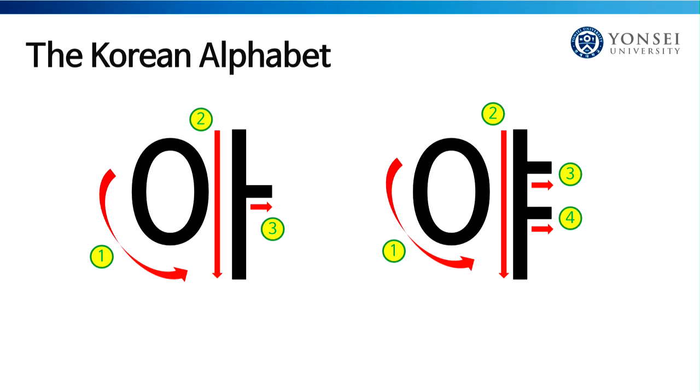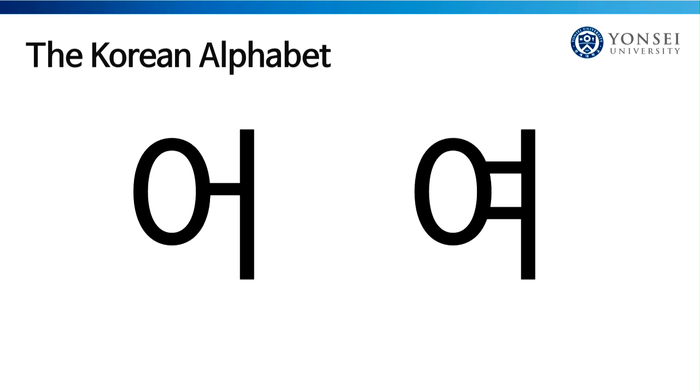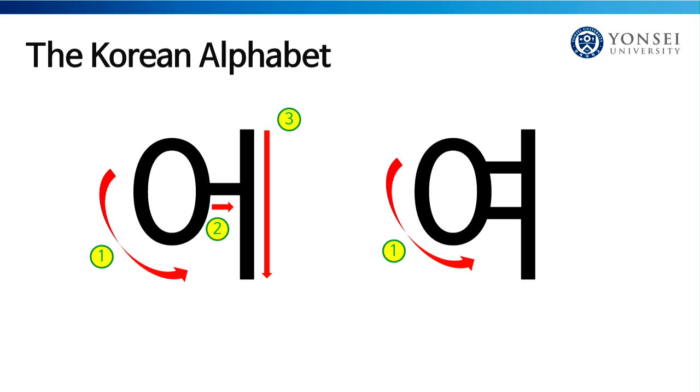Ya. O is written using a circle, a short stroke from left to right, and a long stroke top to bottom. O. Yo, a circle first, 2 short strokes from left to right, and a long stroke from top to bottom. Yo.